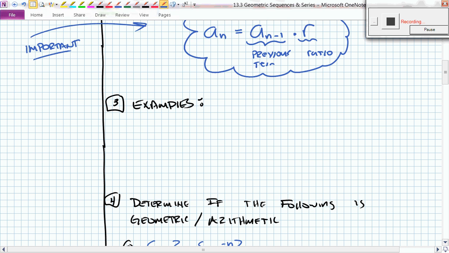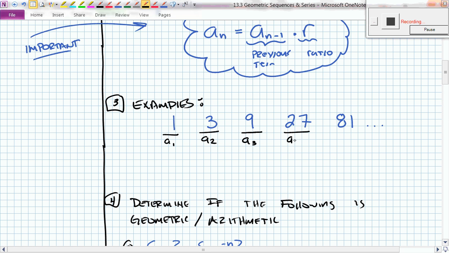Okay, here's an example, right? Let's talk about this sequence: 1, 3, 9, 27, 81, and so on. So the first term is 1, the second term is 3, the third term is 9, the fourth term is 27, and the fifth term is 81.